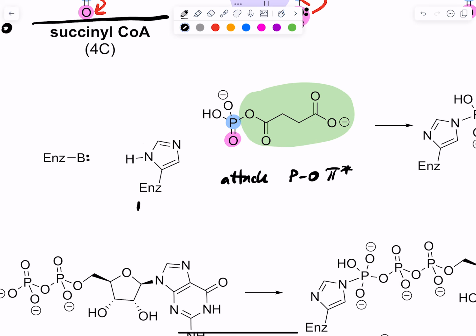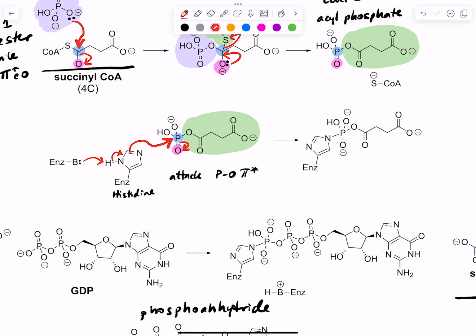This side chain is called histidine. And base will remove the proton from histidine. Electrons will shift over like this, and then the nitrogen will attack the phosphorus, and you break the phosphorus oxygen bond. And that leads to this intermediate.